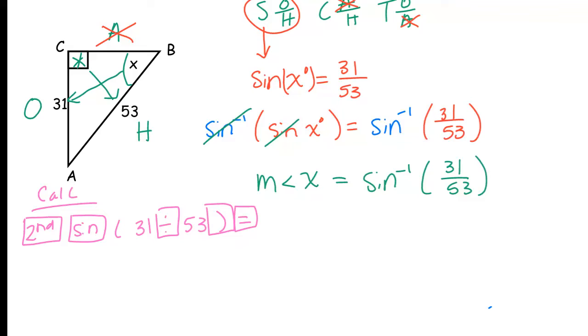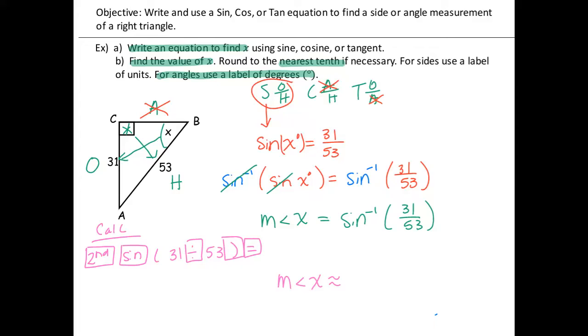And that's going to give you your answer for measure of angle x is approximately, the directions say to round to the nearest tenth. So make sure you guys all type that in the calculator. Okay.